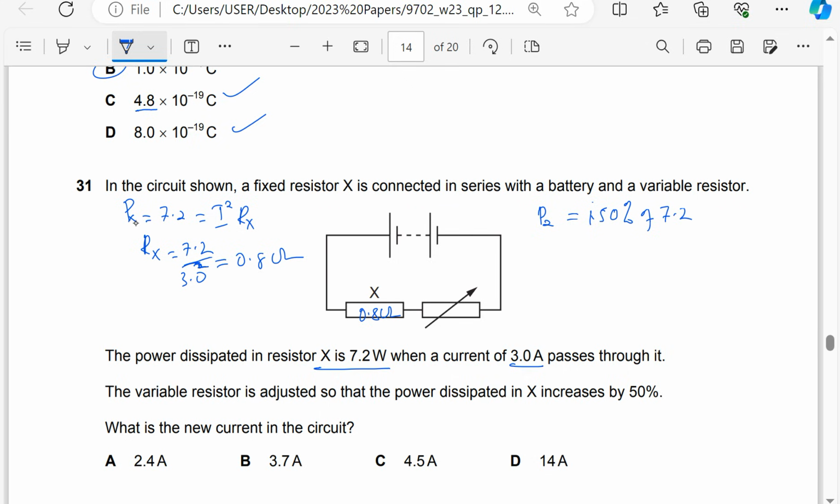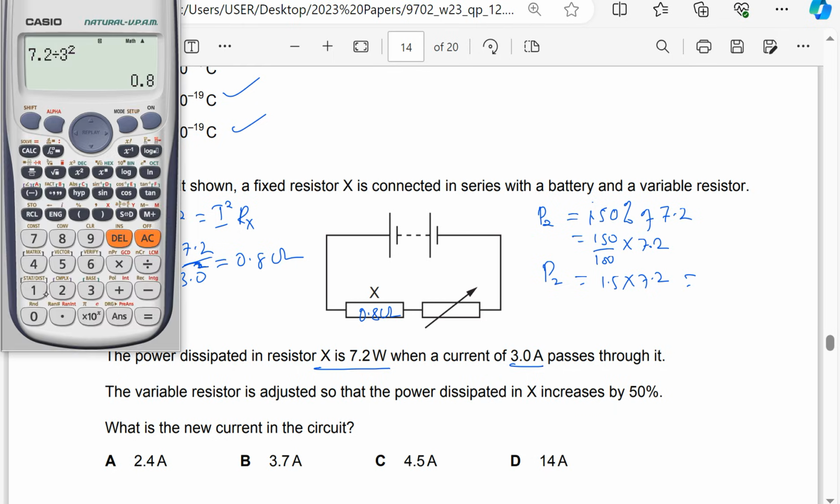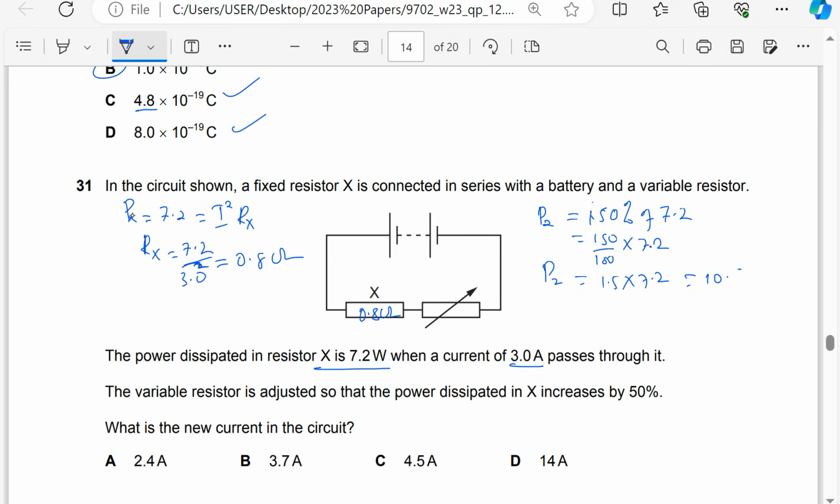That is the new power, which is the same as 150 over 100 times 7.2, or you can simply say 1.5 times 7.2 watts. So the new power is 10.8 watts.